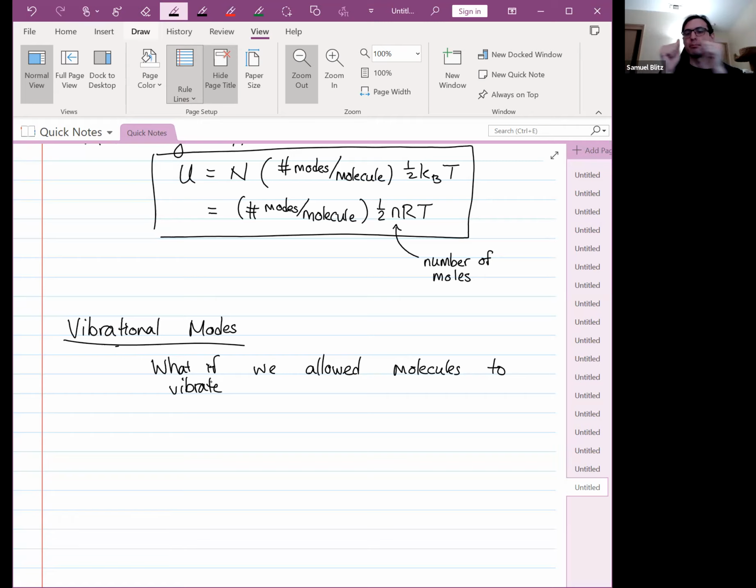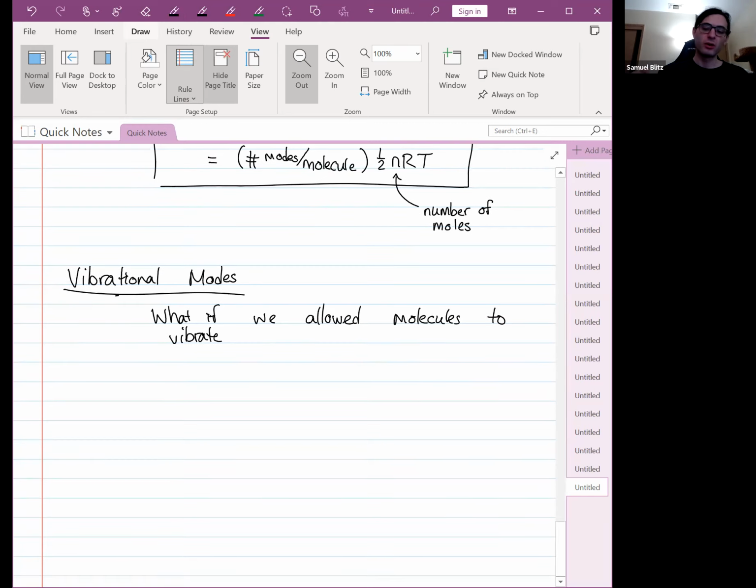If you have molecules moving around and rotating, but not moving relative to each other, that will be less energy than if they're jiggling back and forth as they move around, because there's energy stored in that oscillation. And so we have to account for that in the mode counting. So the question then is, how many more modes do molecules get when we account for the vibration?